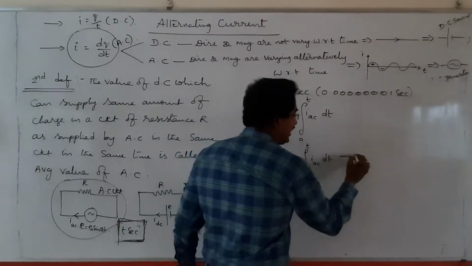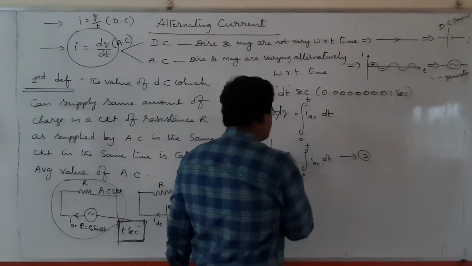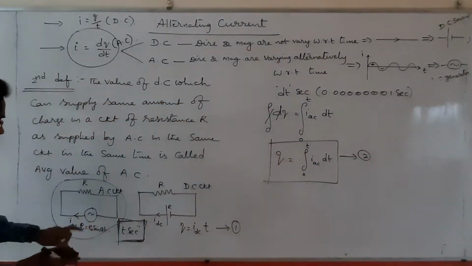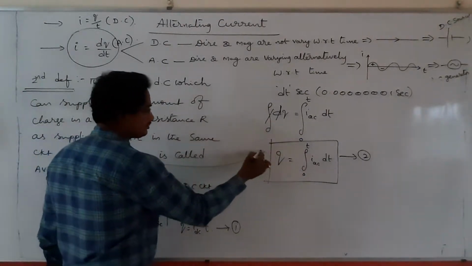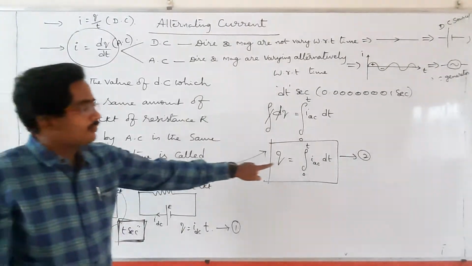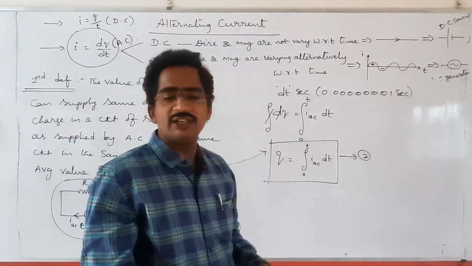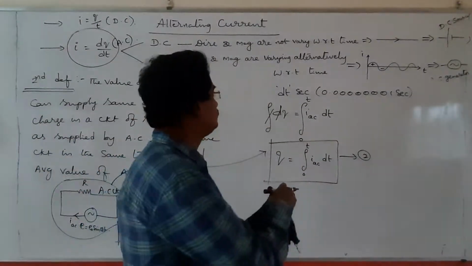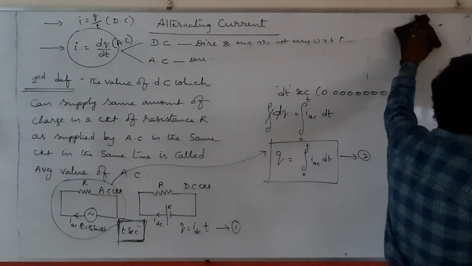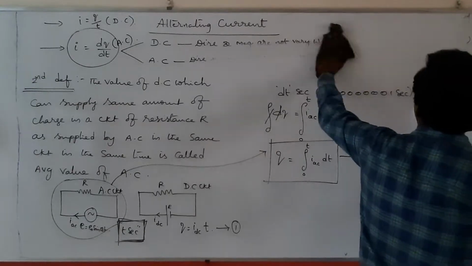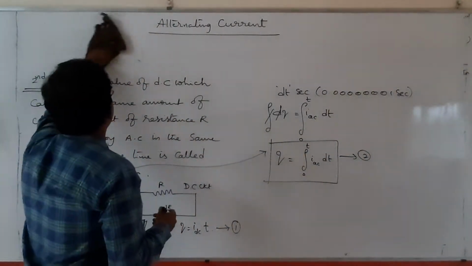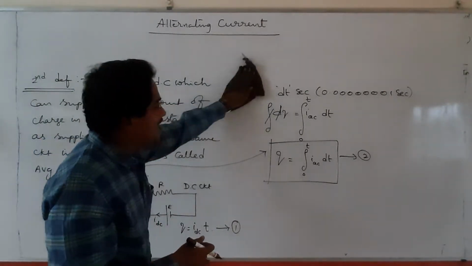This is the second equation for the charge flowed in time t seconds in the AC circuit. But in the definition, they clearly told that the charge supplied by AC and DC are the same.